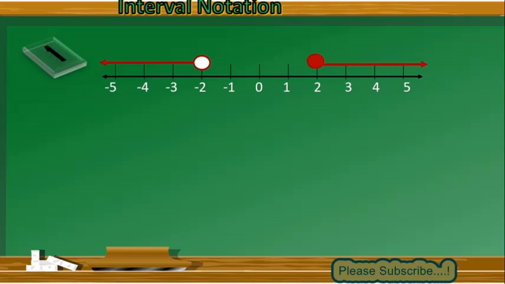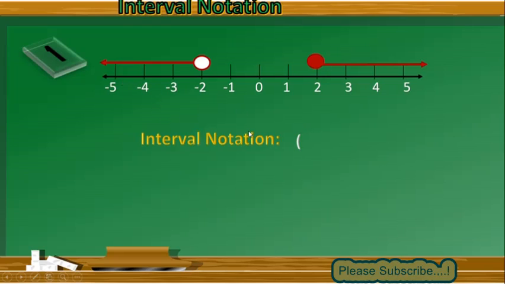So how do we write the interval notation for this kind of solution? First, we write the parenthesis. As I said, when it is negative infinity or positive infinity, you have to use parenthesis.